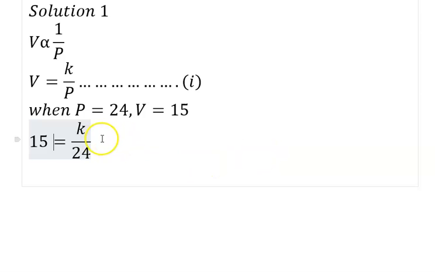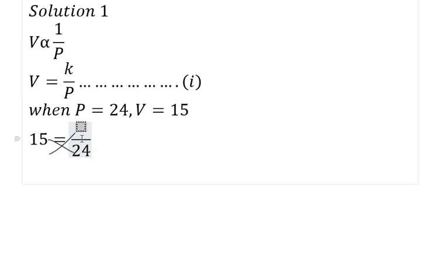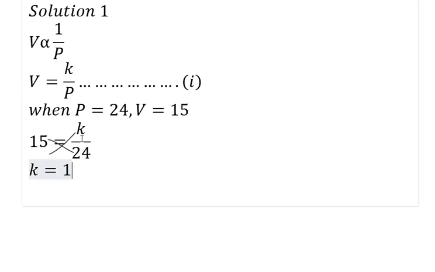So let's just cross multiply to get our K. So our K can now be 15 times 24.